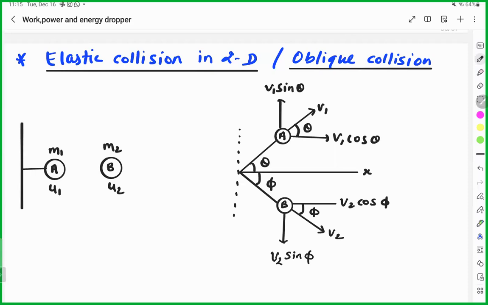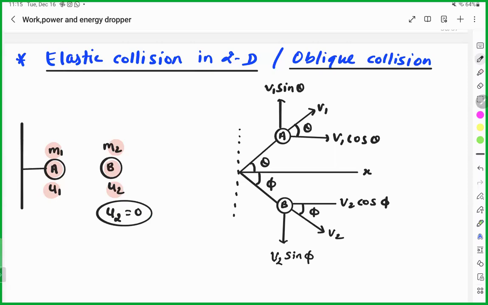Any doubt, guys? How is it making an angle? Initially you have two bodies with specific mass and velocity. When you take u2 as zero, you consider that the second body is not moving. Now a body is making some angle with the x-axis and B body is making some angle with the y-axis.